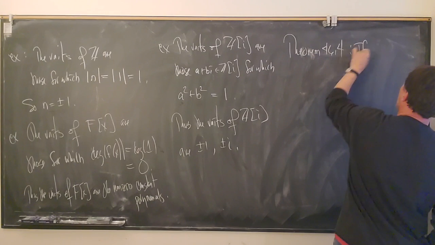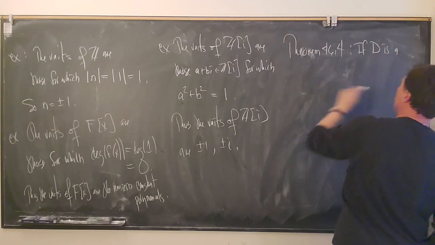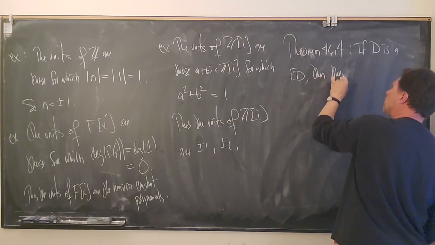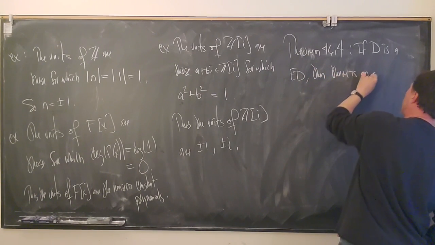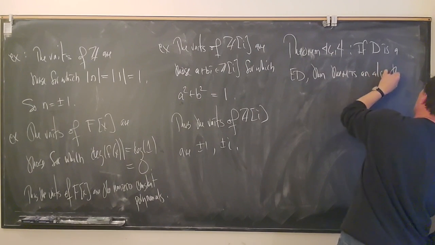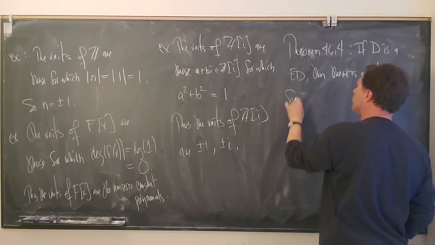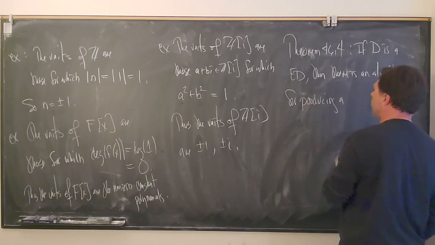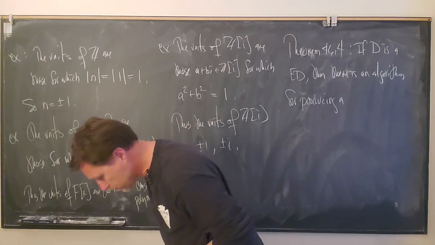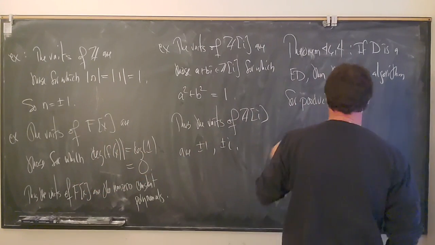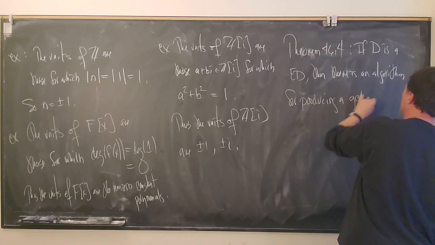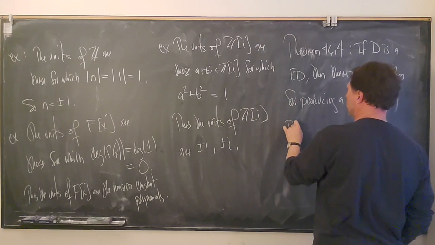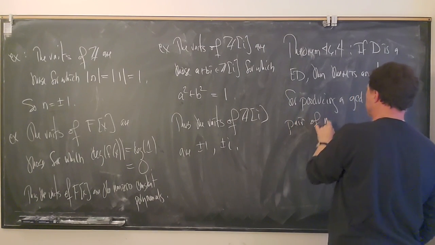If D is a Euclidean domain, then there is an algorithm producing a GCD of every pair of non-zero elements of D.